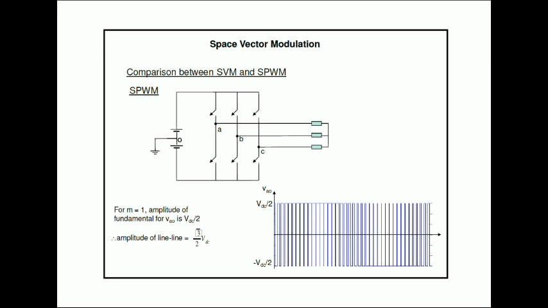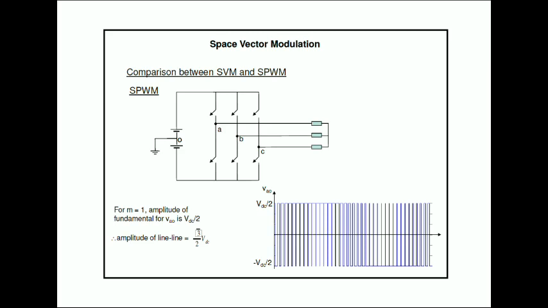That is our SVM. So instead of SVM, if you are using SPWM, what we are doing is we are using a PWM signal to get the amplitude whichever you needed by using the PWM signal.